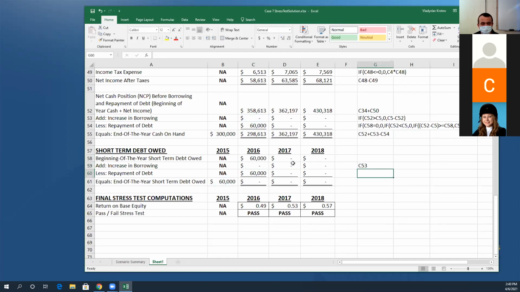So it equals C53, and here it's just B61 equals B61. Then less repayment of debt. This cell equals C54.